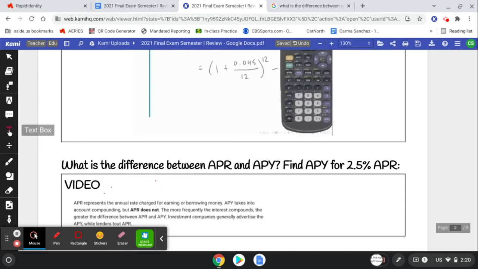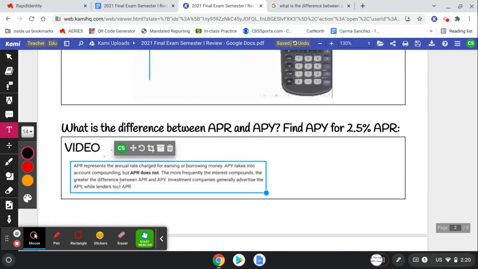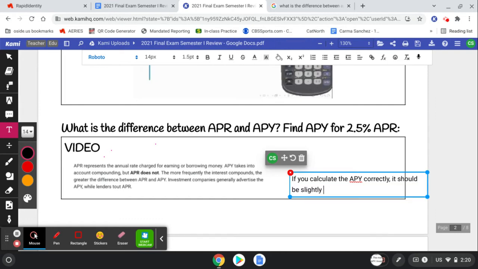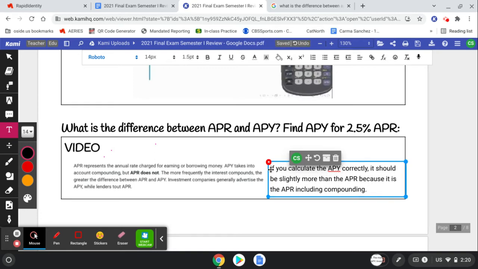And let's talk about real quick, if you calculate the APY correctly, it should be slightly more than the APR because it is the APR including compounding. So a little note on that.